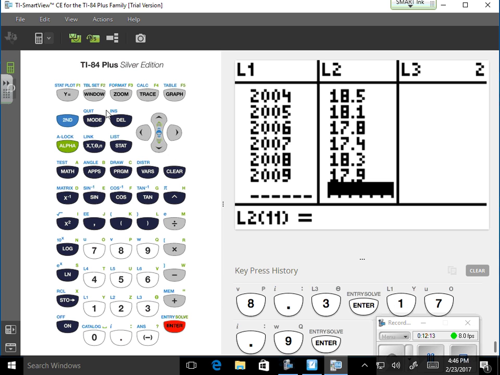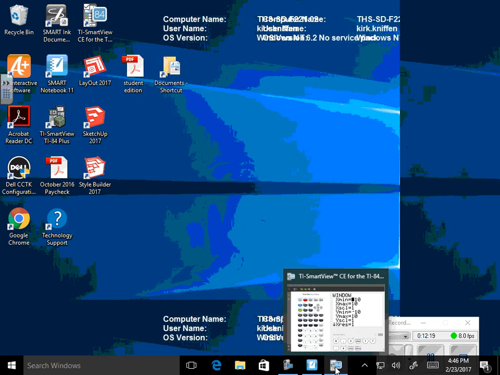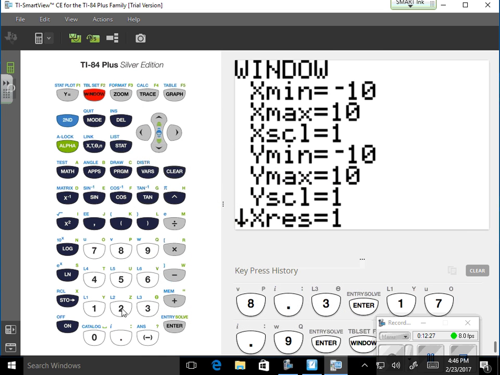Okay, then if I'm going to graph it, I want my window to be set at my smallest X value, which would be 2000, and my biggest X value would be the max, 2009.